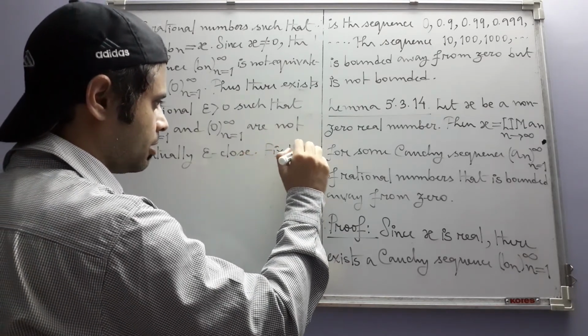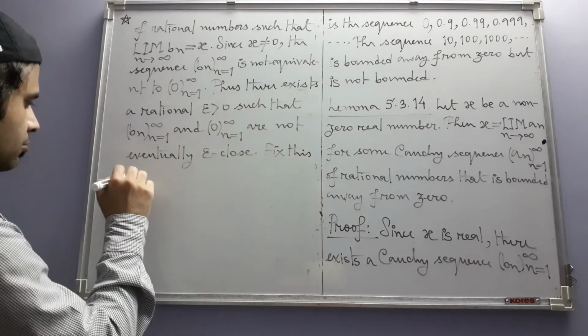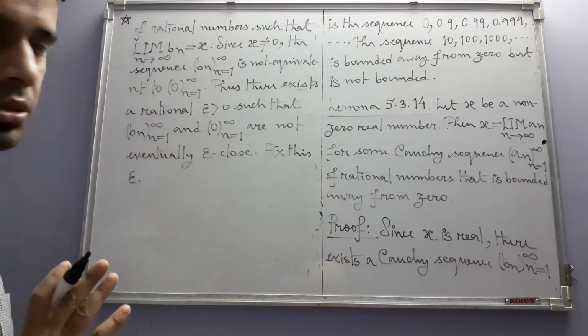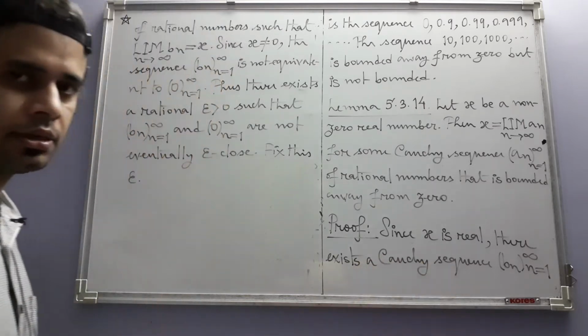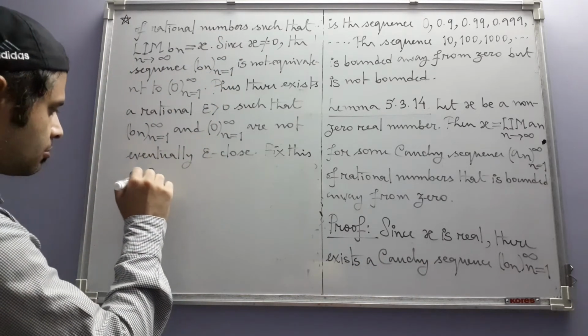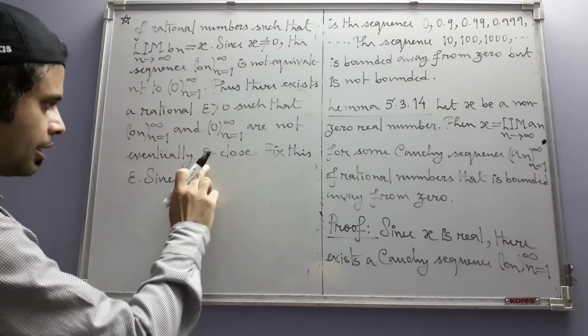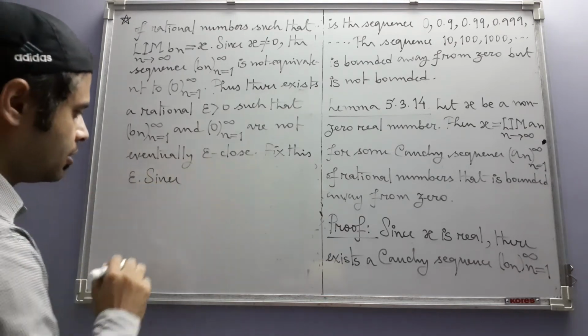Fix this epsilon. So now this epsilon is fixed for us. Now we are going to use the fact that Bn is a Cauchy sequence along with this particular value of epsilon.